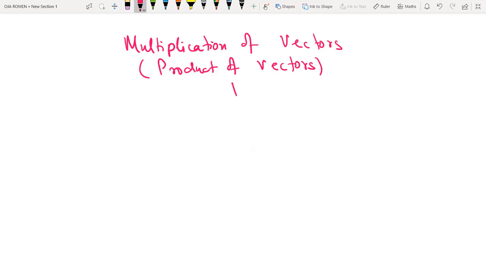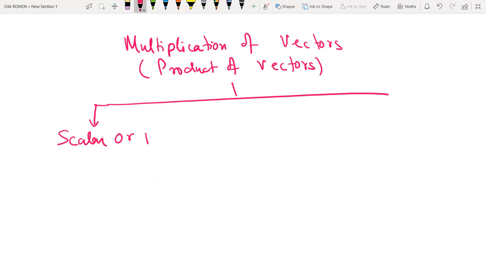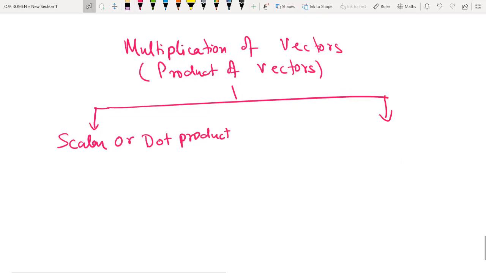So we can consider two types of vector multiplication, that is scalar or dot product, and vector or cross product.